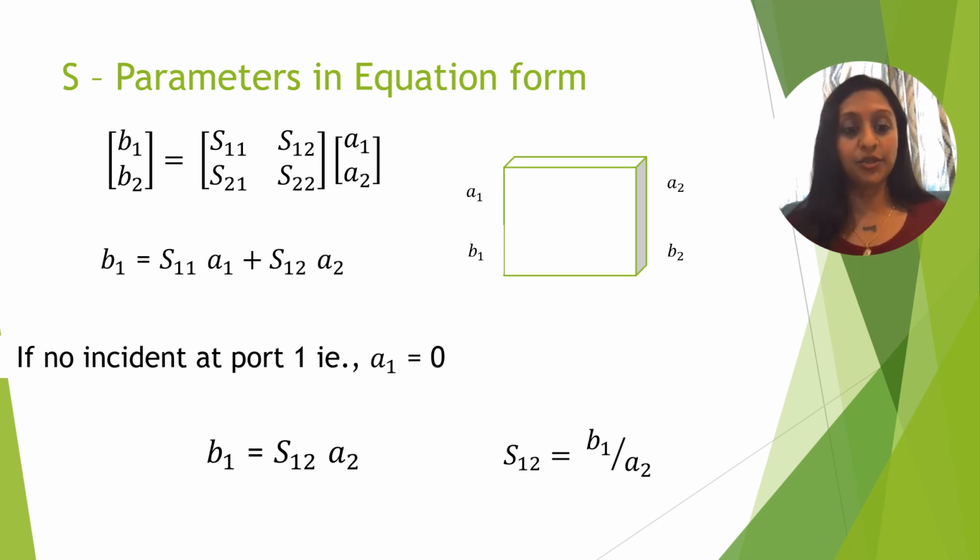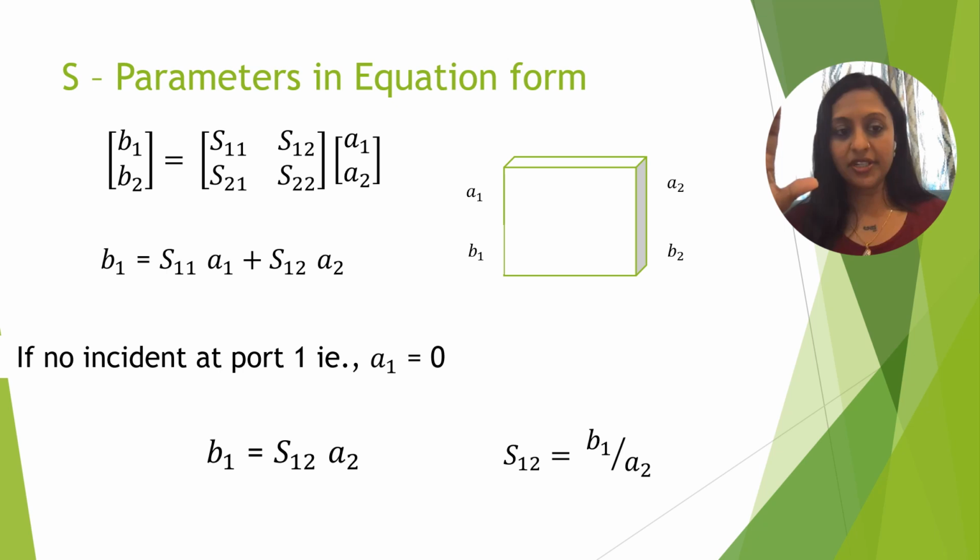Now let's assume there is no incident at port 1, that is, A1 goes to 0. In that equation, I am left with B1 equal to S12 into A2. If I rearrange it, S12 will be B1 by A2. That's how I got the equation in the first place.